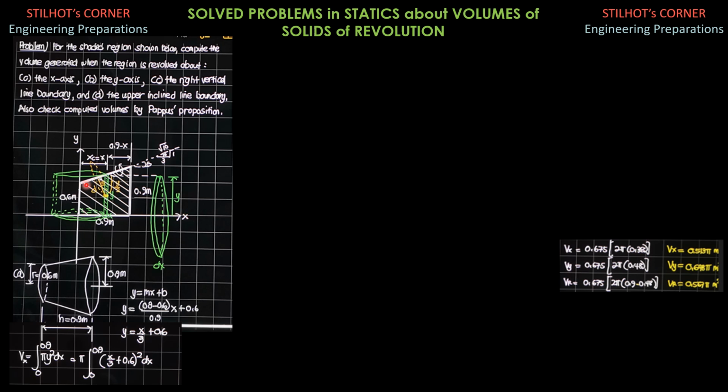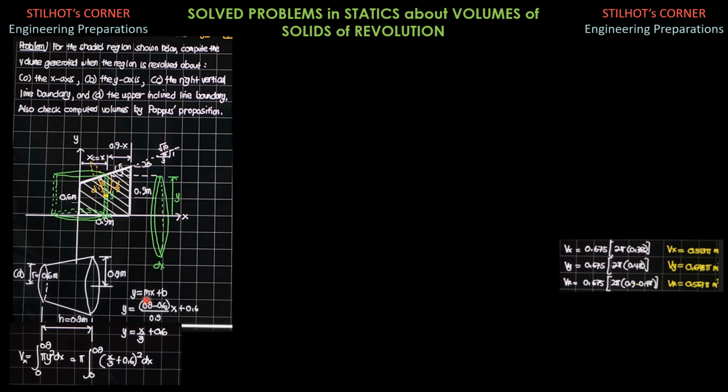Now to find the equation of this inclined line, the slope: the vertical distance is 0.9 minus 0.6, which is 0.3, and this is 0.9, therefore the slope is 0.3 over 0.9, or 1/3. If the slope is 1/3, then the hypotenuse is square root of 10, that's theta.